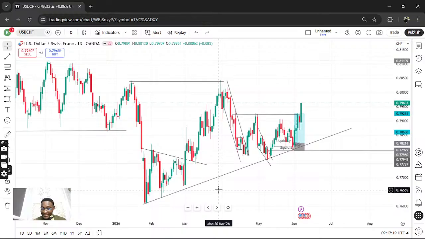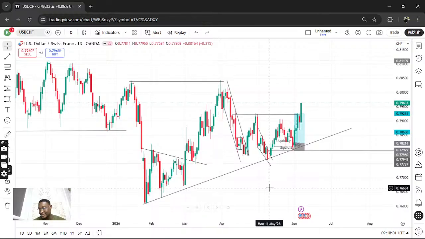And if you are expecting a bullish movement from dollar, the next thing you should expect from Euro USD or any other pair that has dollar as its second quote currency is selling at that particular point. So that is exactly what happened here.